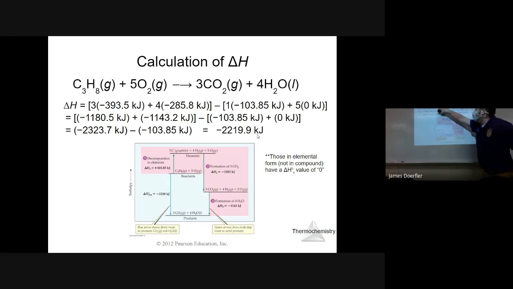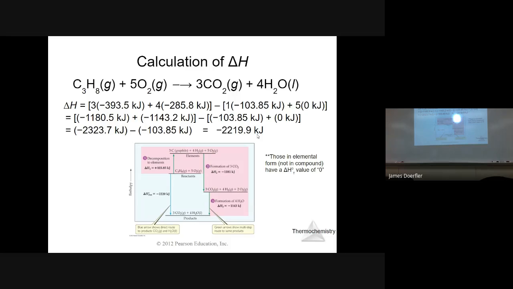So once you've got everything listed here, go ahead and multiply the coefficients through. Add them up, subtract, and then you will calculate your enthalpy value for that reaction.